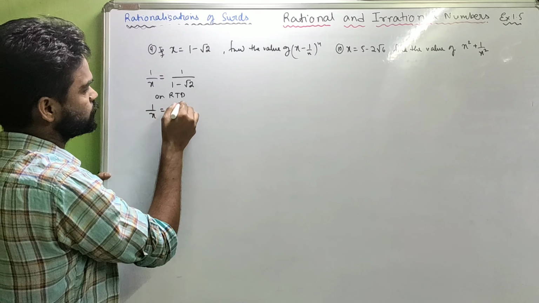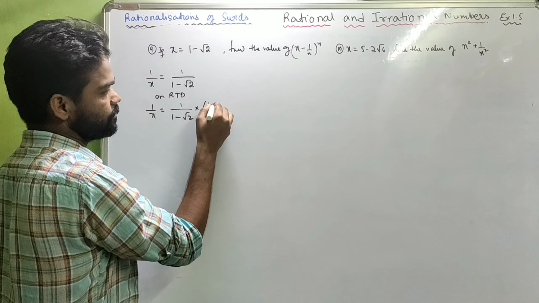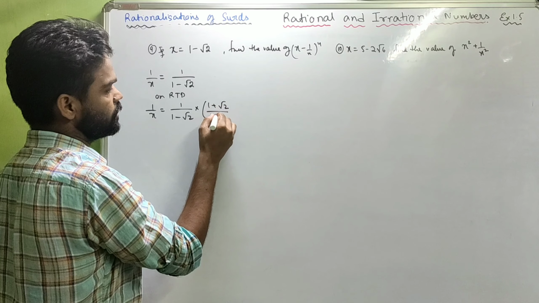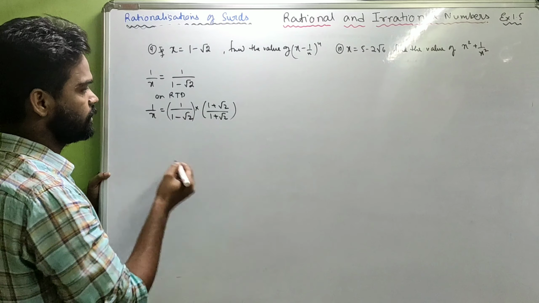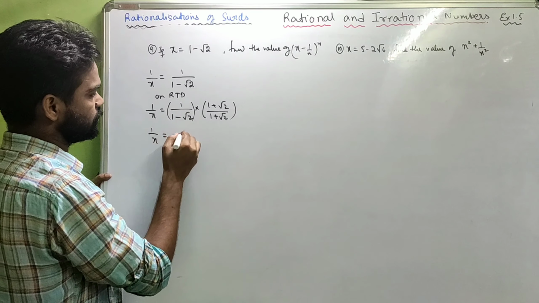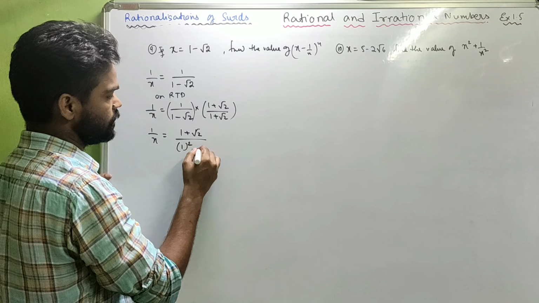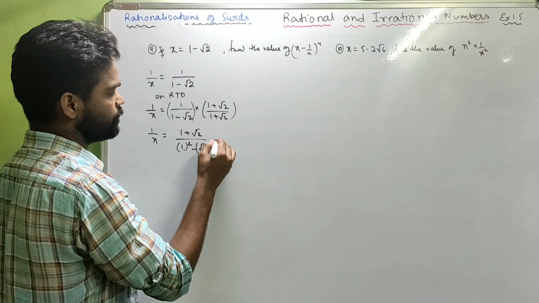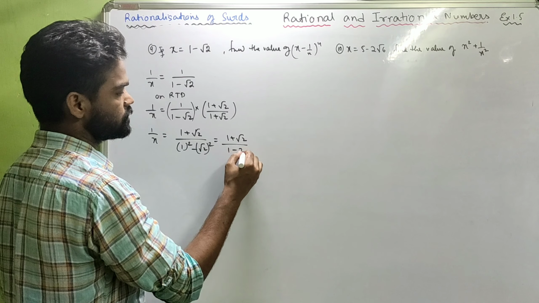1 by x equals 1 by 1 minus root 2. I'll multiply with the conjugate. Am I clear or not? Just look over here. Okay. So 1 by x is equal to 1 plus root 2, and this becomes 1 square minus root 2 square. So that's 1 plus root 2 by 1 minus 2.